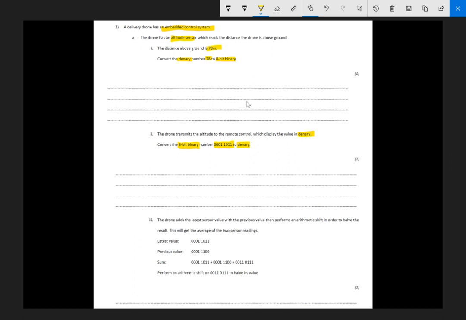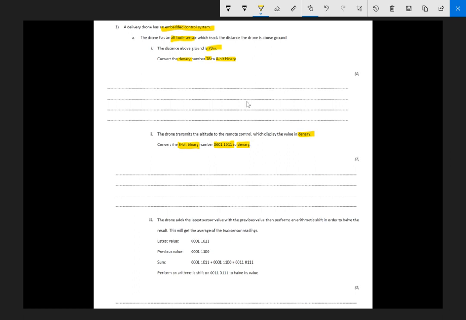And then finally, it says the drone adds the latest sensor value with the previous sensor value and performs an arithmetic shift in order to halve the result. So this looks complicated here, but it's not that bad. You'll need to probably go away and revise and research arithmetic shifts. So it takes the average of the 2 sensor readings.